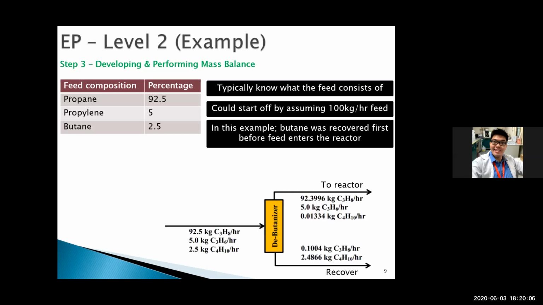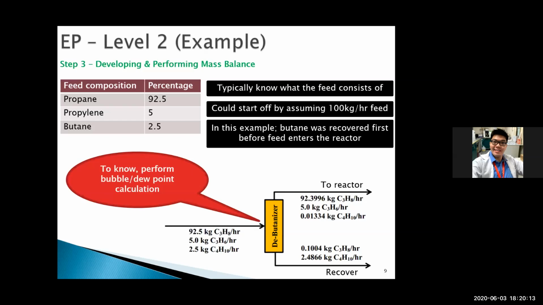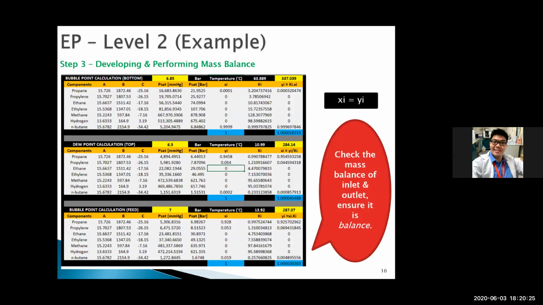So the mass balance around the distillation column is like this. Now, for us to be able to do the mass balance around the distillation column, you should know how to perform the bubble and dew point calculation. These are examples of the bubble and dew point calculation. I'm not going to go into detail on how to calculate this.